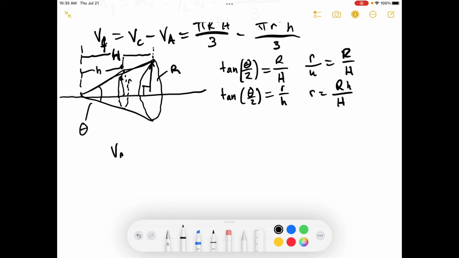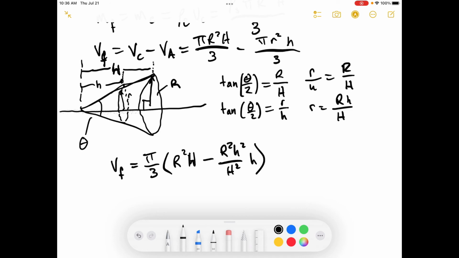So the volume of the fluid is equal to pi over 3 times big R squared big H, minus big R squared little h squared over big H squared times little h.